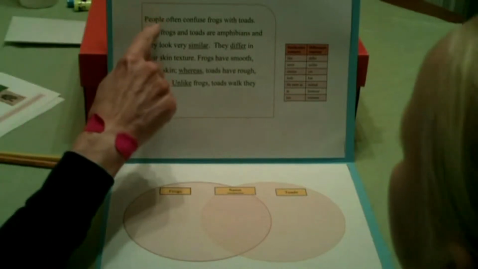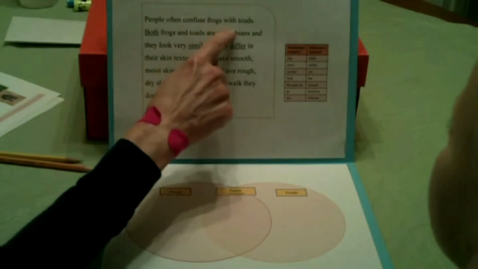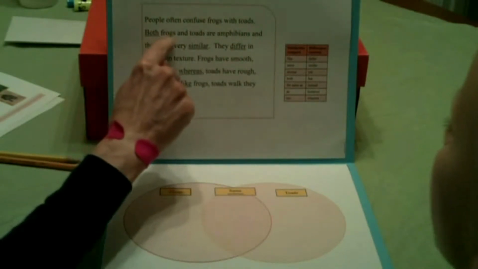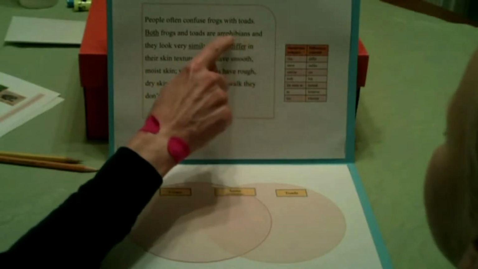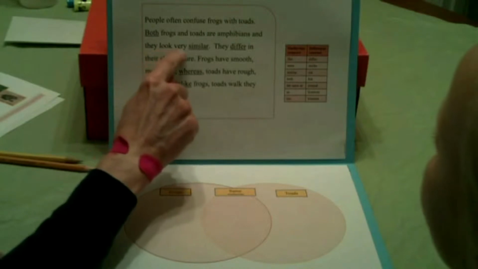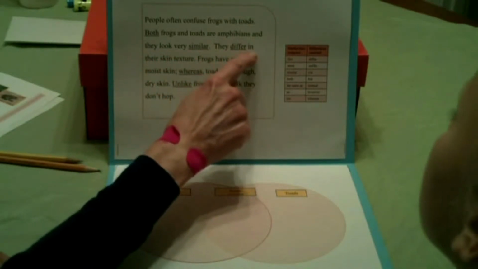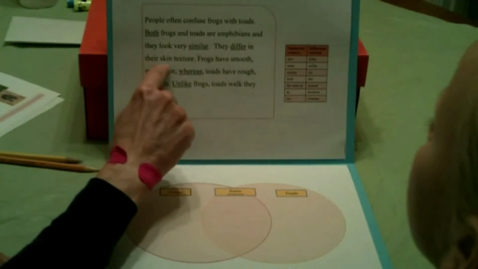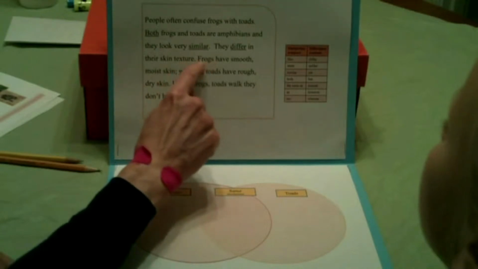Ready? Go. People often confuse frogs with toads. Both frogs and toads are amphibians, and they look very similar. They differ in their skin texture.